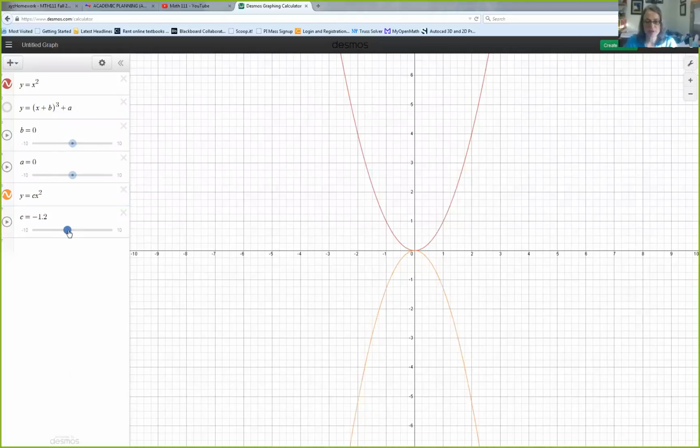Now, if I make my multiplier just be 1, my orange graph lays right on top of my basic parabola. If I make it be -1, it's exactly the same function turned upside down. So a negative sign reflects across the x-axis. Okay. Let's go back to our cubic.